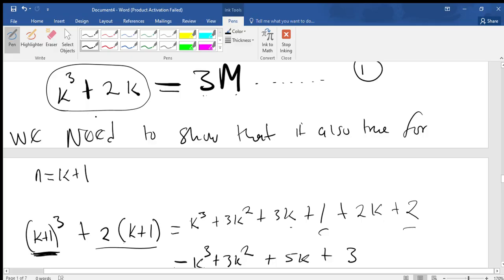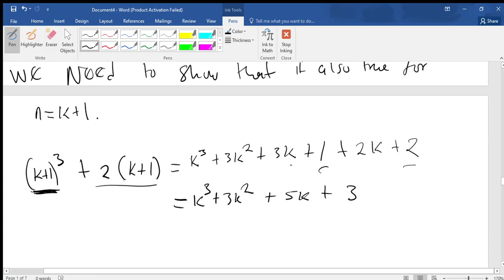So let's go back to our expression. We're looking for k power 3 plus 2k. So before you even write this statement here, we can see something here. We are looking for k power 3 plus 2k. So it means I can rewrite this as k power 3 plus 2k.